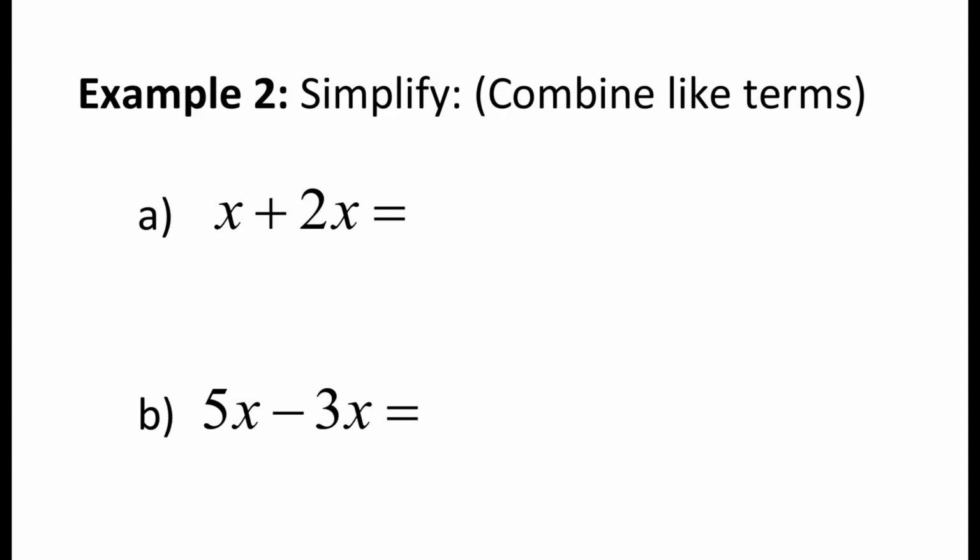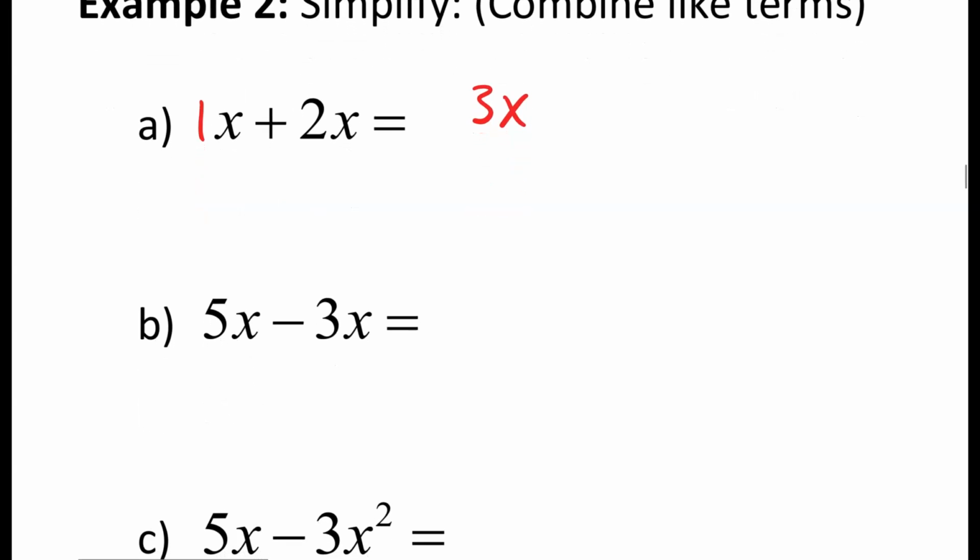Whenever there's no number in front of the x or in front of the variable, the coefficient is always 1, which we learned last class. So we have here 1x plus 2x, which combines to make 3x. It's just simply adding them together.